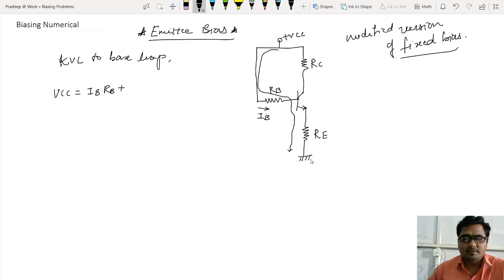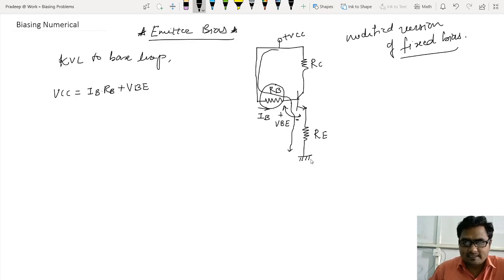Now plus. This voltage is done. After that, this voltage will come into the picture. What is that voltage? It is VBE, base to the emitter. So I need to write here VBE. Many people forgot that VBE, and that's why they turned into something else.